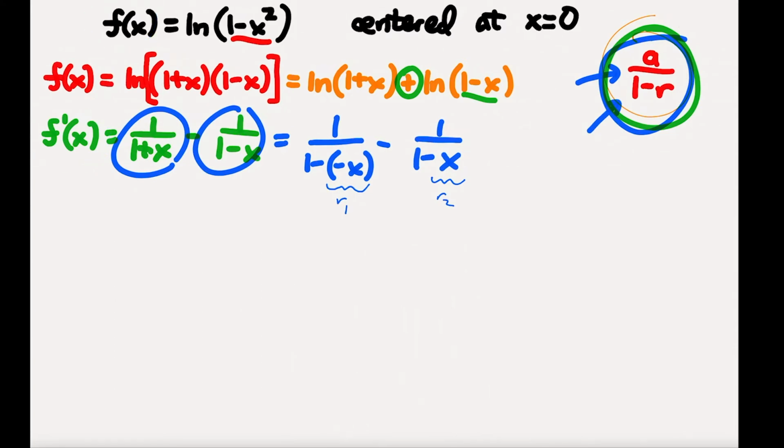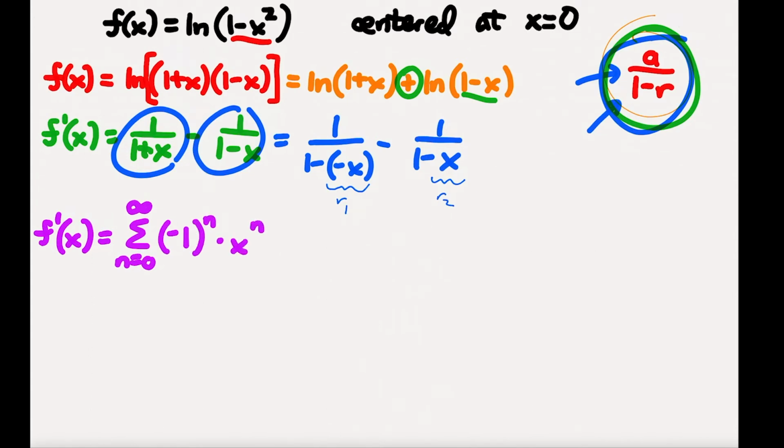All right, so first I'm going to make this first part a power series. The derivative is going to be equal to the summation from n equals 0 to infinity, and I'm going to factor out that -1, times x to the n.